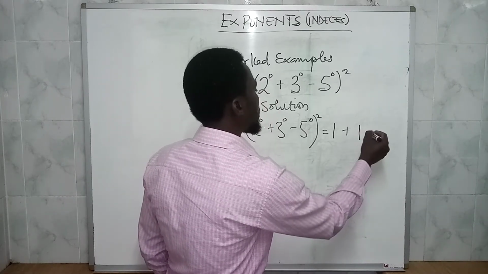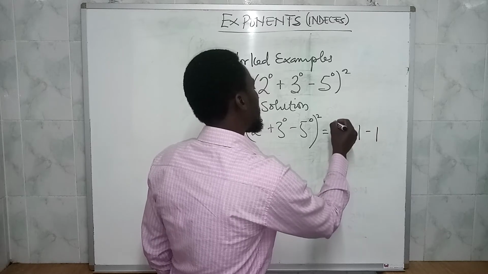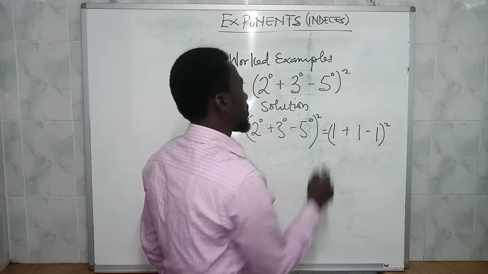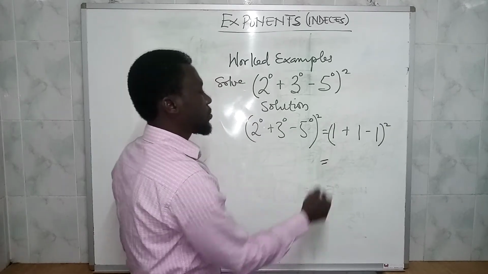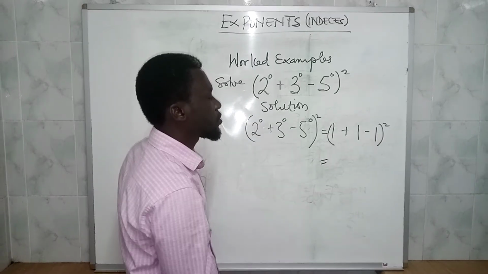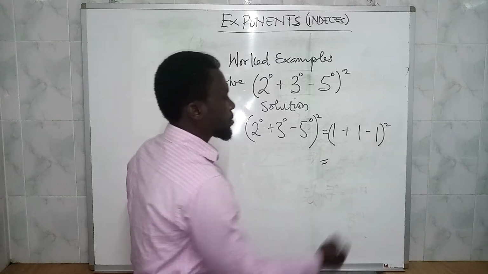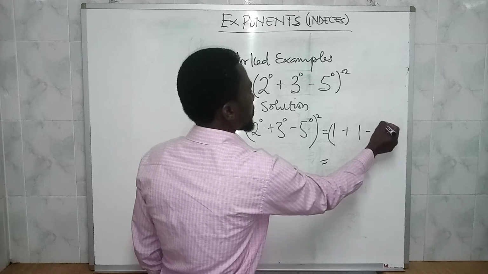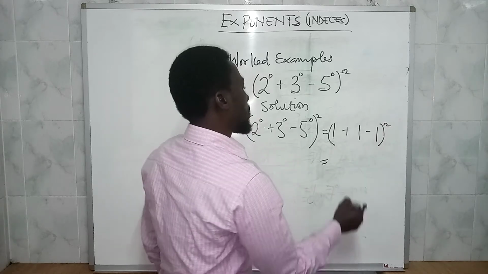Now all this squared. Now this will be equal to 1 plus 1, which is 2, 2 minus 1, raised to the power negative 2. Sorry, this should be negative 2.